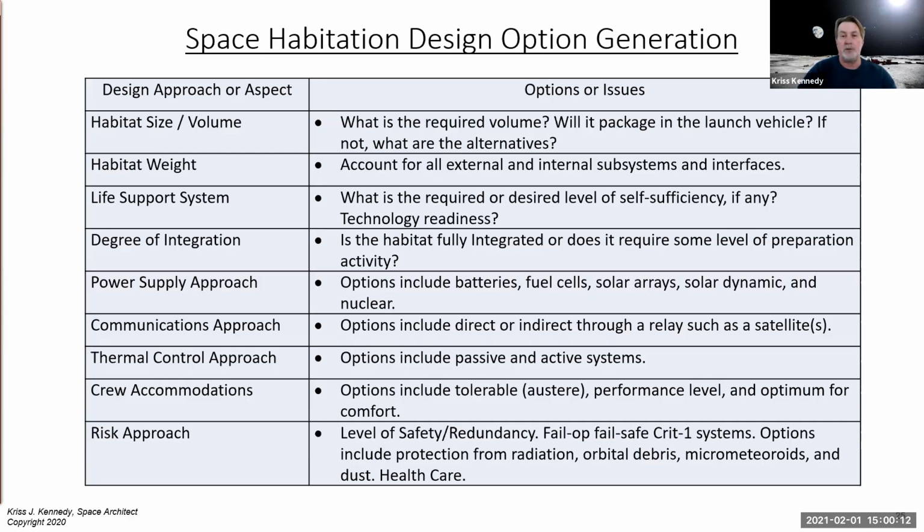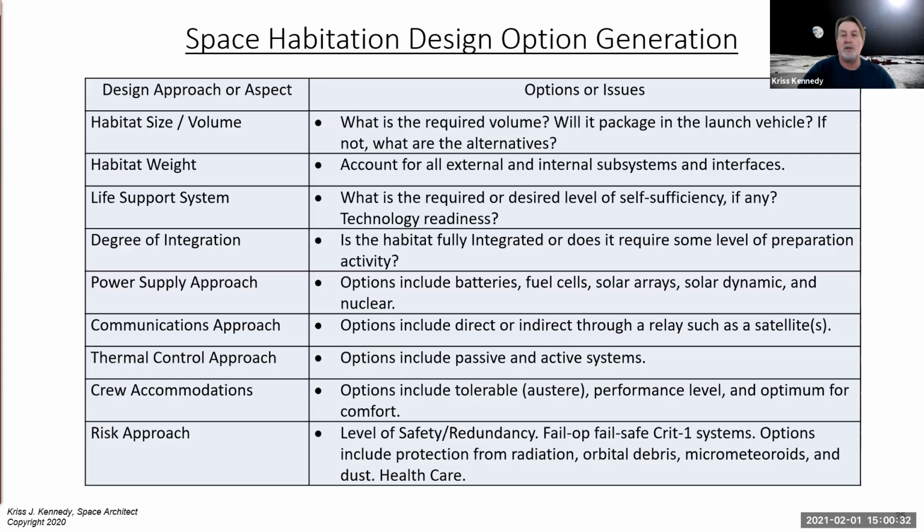Power supply approach, options could include batteries, fuel cells, solar arrays, solar dynamic, and nuclear. Communications approach, options could include direct or indirect relays or through satellites. Thermal control, again, you've got options which include passive and active systems.